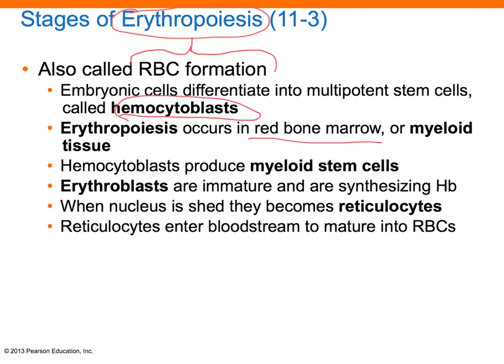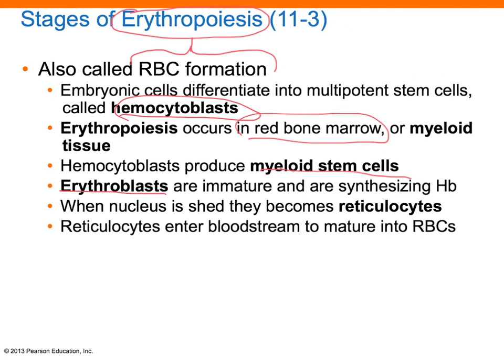Erythropoiesis occurs in the red bone marrow, or what we call myeloid tissue, and the hemocytoblasts produce the myeloid stem cells, and some of these myeloid stem cells go on to mature. Erythroblasts are immature red blood cells that actively make hemoglobin.